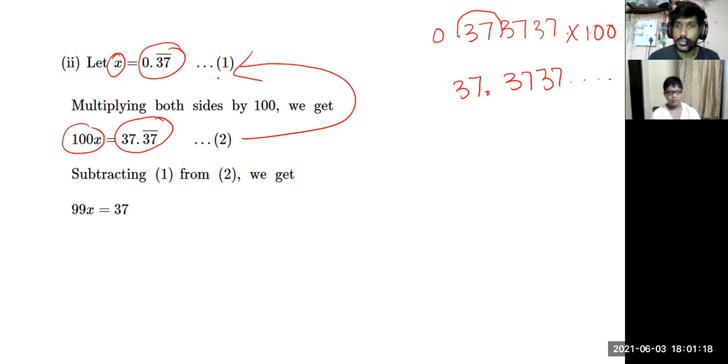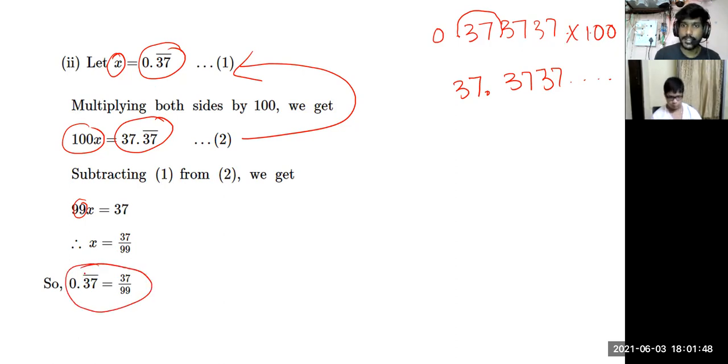So x is equal to 37 upon 99. That means 0.37 recurring is equal to 37 upon 99.